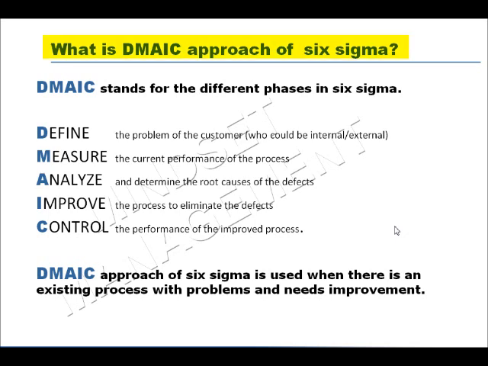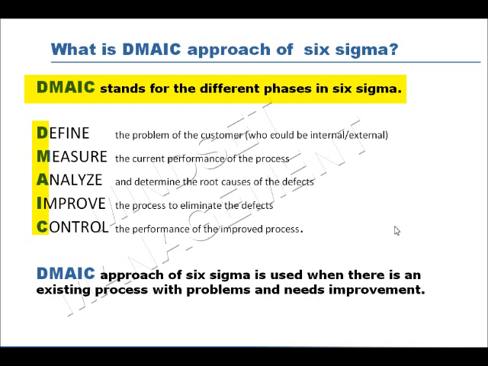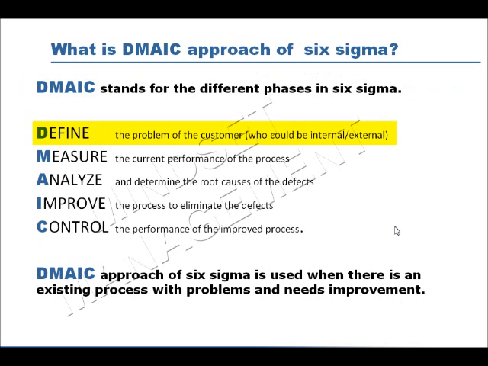What is the DMAIC approach of Six Sigma? DMAIC stands for the different phases in Six Sigma: define, measure, analyze, improve, control. In define phase, we define the problem of the customer. In measure phase, we measure the current performance of the process.